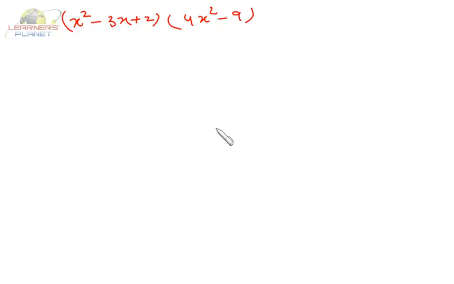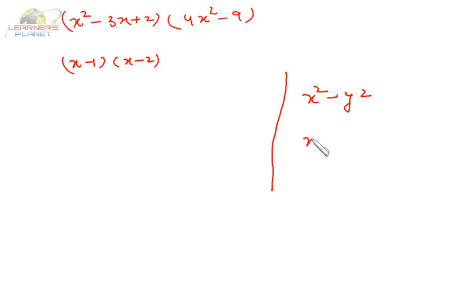Now finally we have two quadratic factors of that particular polynomial. This was x minus 1 and x minus 2, because by multiplication of these two factors we got this. Now we have to factor this. So you might know the algebraic identity, that x square minus y square can be written as x minus y into x plus y.